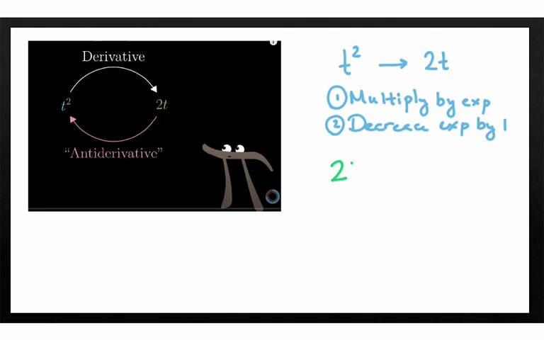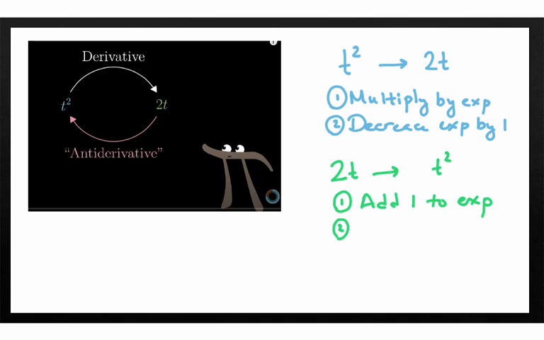Now, what if I want to go backwards? What if I want to start with 2t? How do I get back to what I started with? So we need to reverse the steps. Instead of decreasing the exponent by 1, we need to add 1 to the exponent. So we're just doing the process backwards. So instead of t to the first, we now have t to the second.